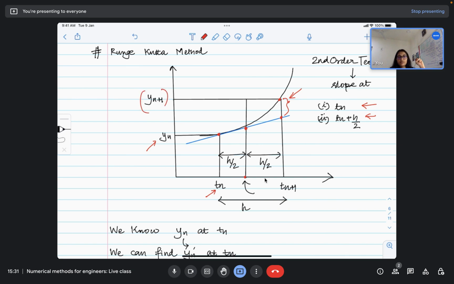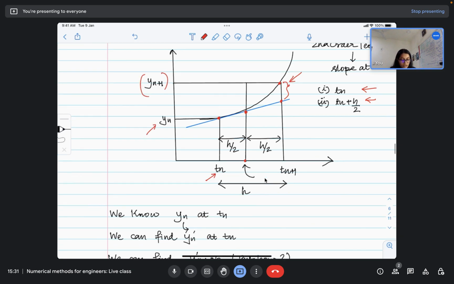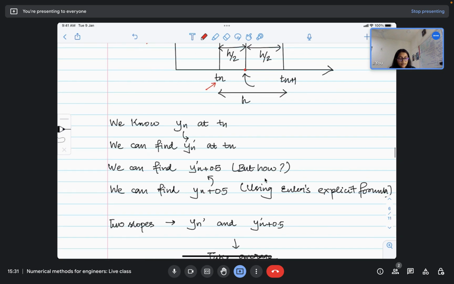Okay. So basically, let's go step by step and see. We know the value of yn at t of n, and also sometimes it's given, or we can find out y dash at n, which is at tn. So now what we will do is we can find out the slope at y dash of n plus 0.5.